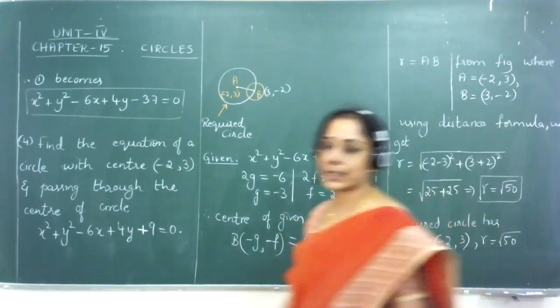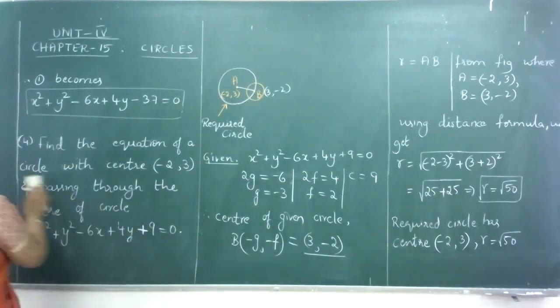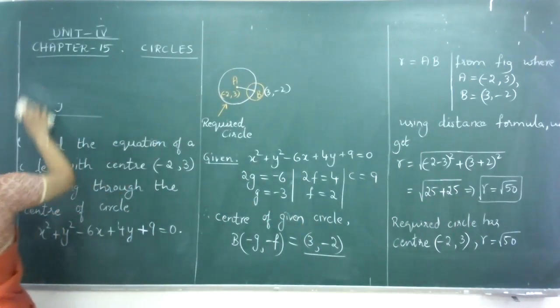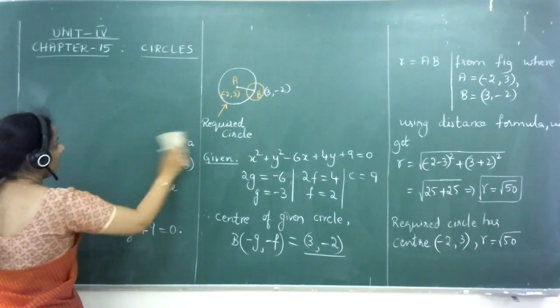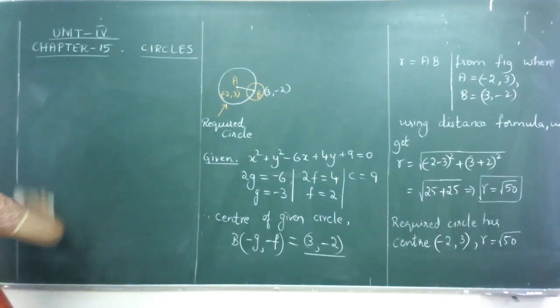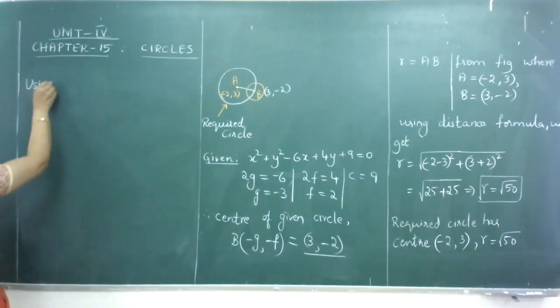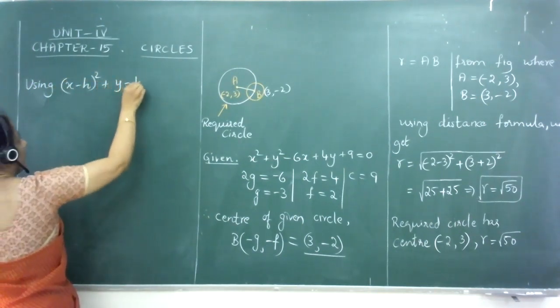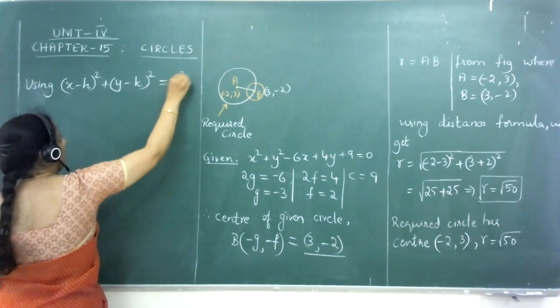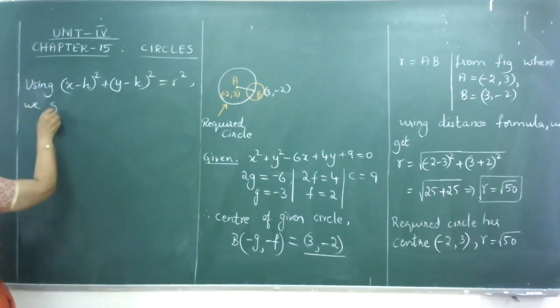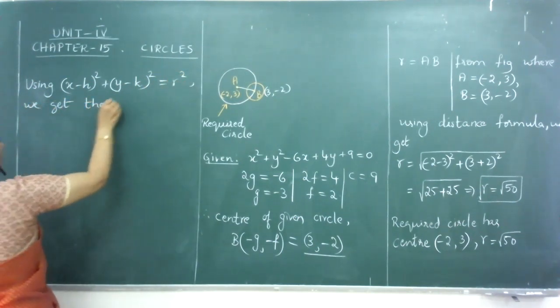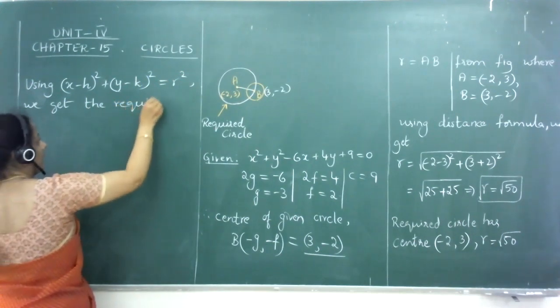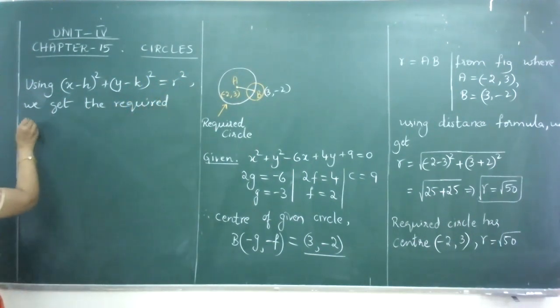When you know the center as h comma k and the radius is equal to r units, then what happens to the equation of the circle? It comes in the standard form. We have learned that in the first session of circles. Using x minus h the whole squared plus y minus k the whole squared equal to r squared, we get the required equation as.